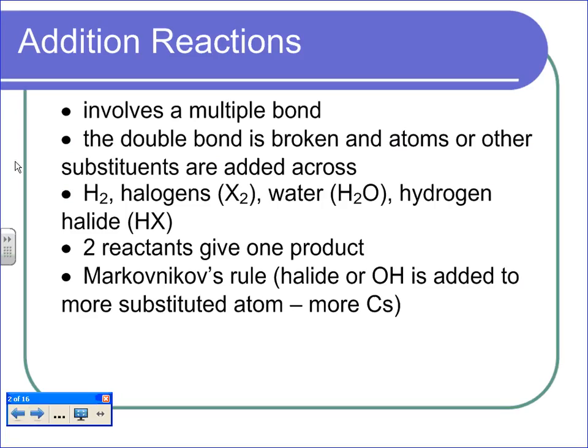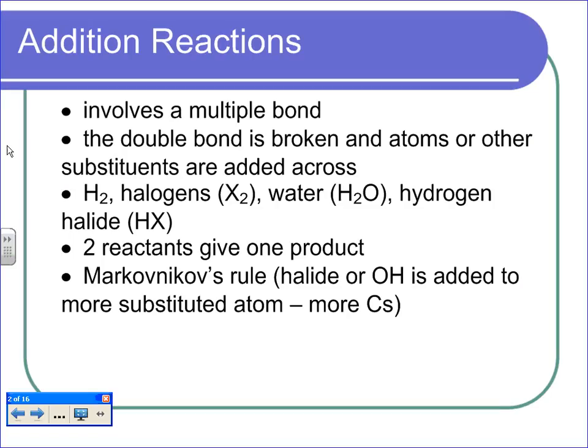The first main type of reaction that you'll encounter is what's called an addition reaction. This involves some kind of multiple bonds, whether a double bond or a triple bond, and that bond is going to be broken and other substituents are going to be added.